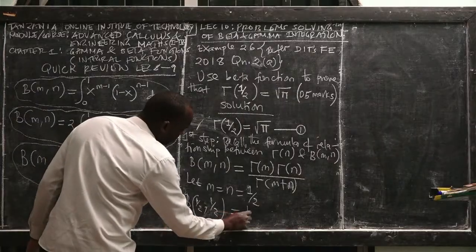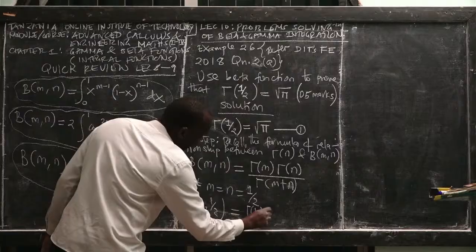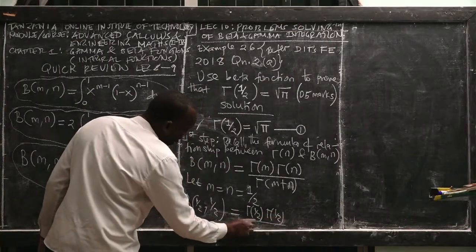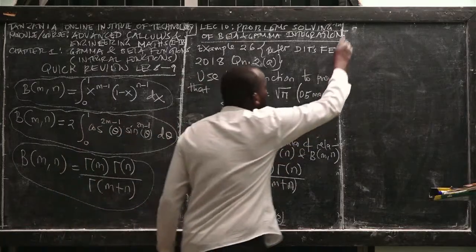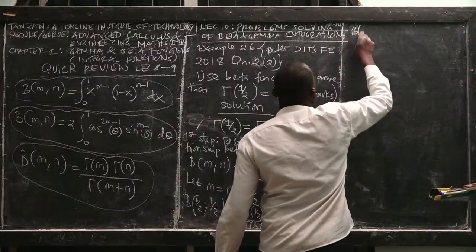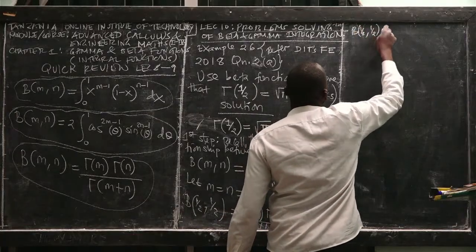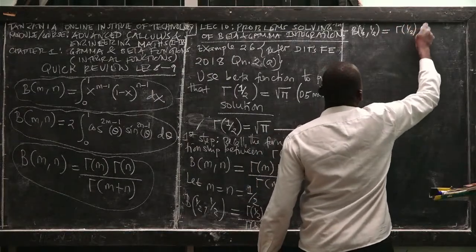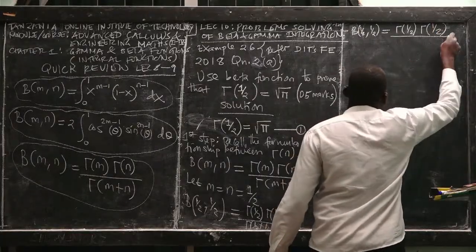Then we have beta of a half, comma, a half. This is equal to gamma of a half multiplied by gamma of a half divided by gamma of a half plus a half, because the value of m is equal to n.